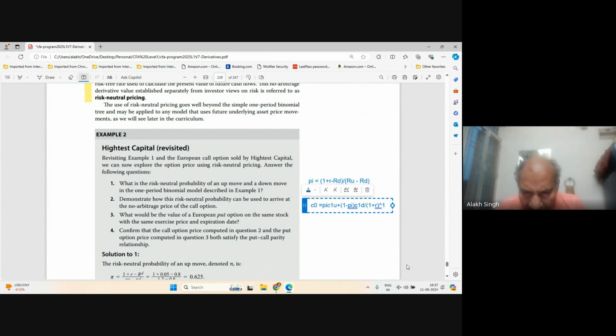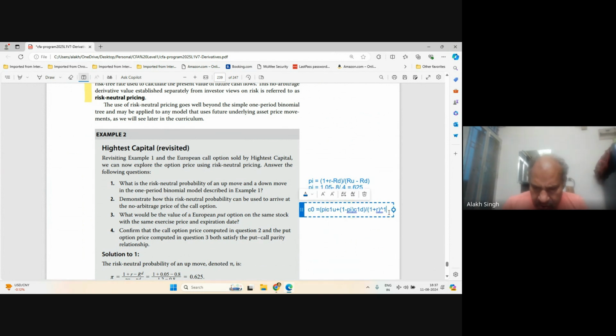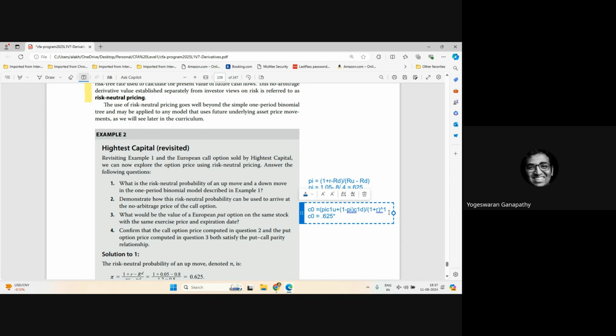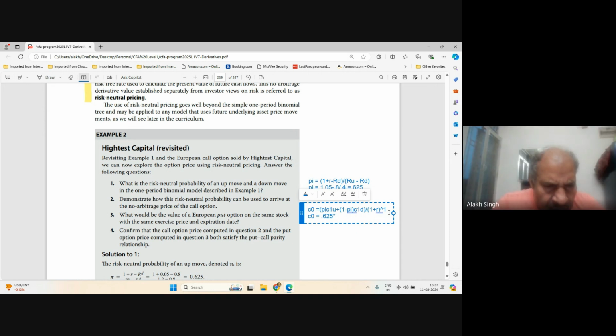So the formula is complete. Pi is here 0.625. I bring it down: C0 is equal to 0.625 times C1U. How much was C1U?